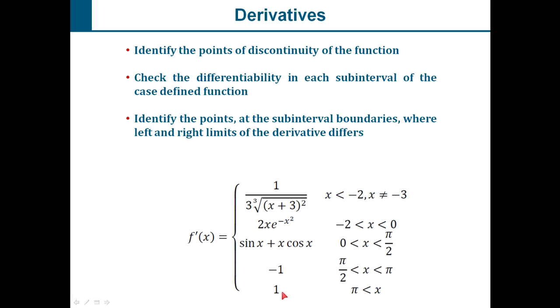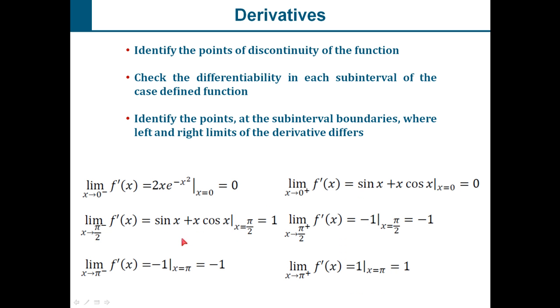We can calculate easily the limits left and right at each boundary point, as we have done for f of x. As you may notice, the limits are obtained by simply evaluating the expressions we have obtained for the first derivative at each boundary point.